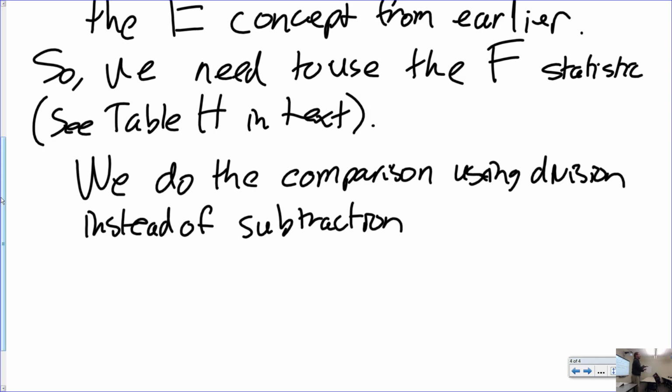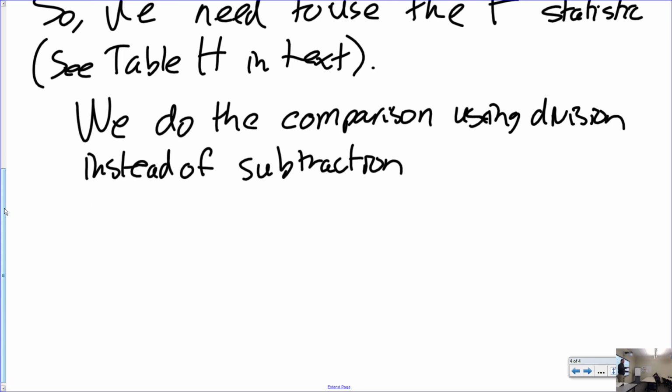Now again, we're trying to determine how different these standard deviations are. If two standard deviations are the same, if you take something and divide it by itself, what do you get? 1. So the key to working with these confidence intervals of the comparison is how much they differ from 1, as opposed to how far they differ from the difference between the two values. Because now we're doing division comparison instead of subtraction comparison, which is just slightly different.